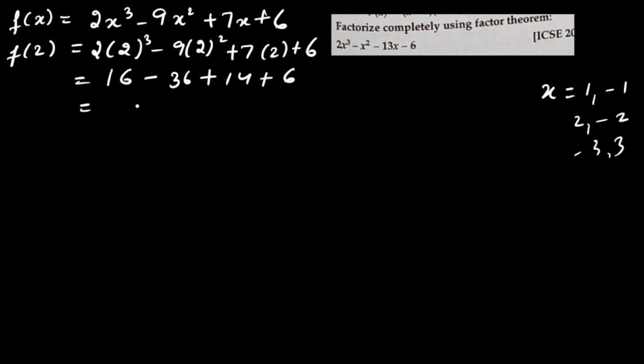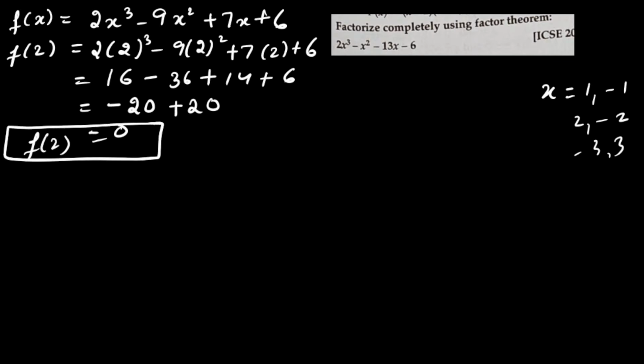So 16 plus 14 plus 6 is 36, minus 36 is 0. Minus with the greater number sign you have to write. So 20 minus 20 is 0. So we have got f of 2 is equal to 0.